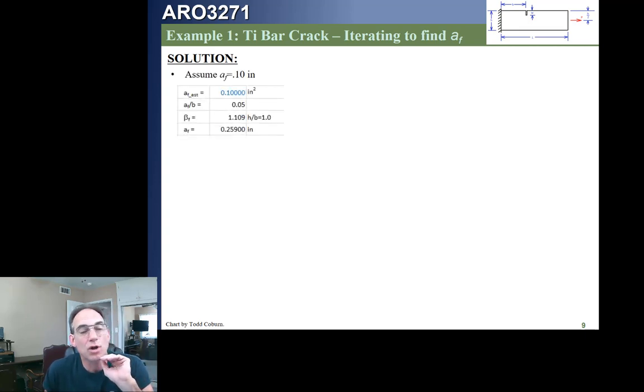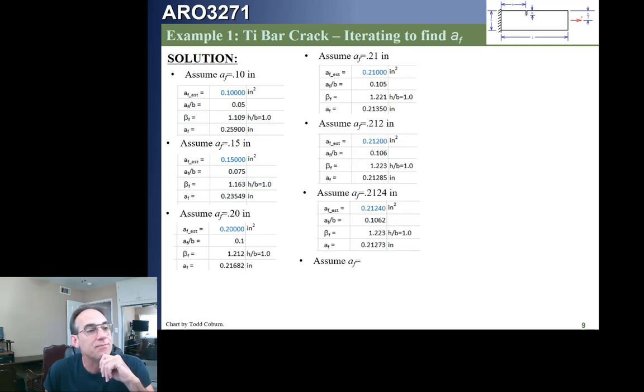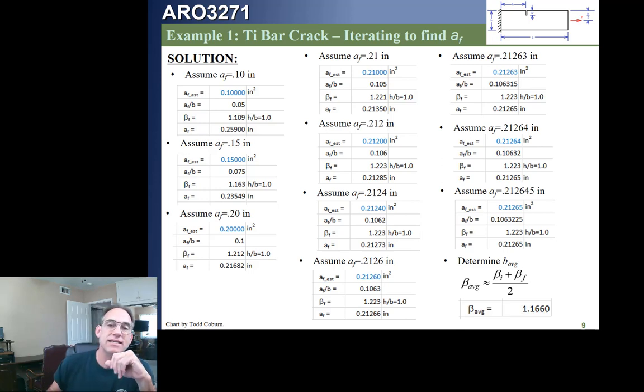If we're going to use calculus, we calculate our final crack length, and then our beta final based on this approach, and use this to approximate our beta average and then go through calculus. If we're doing a numerical procedure, we could just continue to iterate, assuming larger and larger crack sizes. Now, this approach is slightly different than what I just presented. I used to have students do it this way.